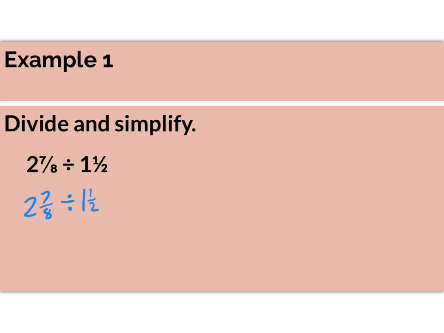You have to convert your mixed numbers, that's a whole number with a fraction, into an improper fraction. An improper fraction, the number on top is bigger than the number on the bottom. So 2 times 8 is 16, plus 7. 16 plus 7 is 23, so we have 23 over 8. The bottom stays the same.